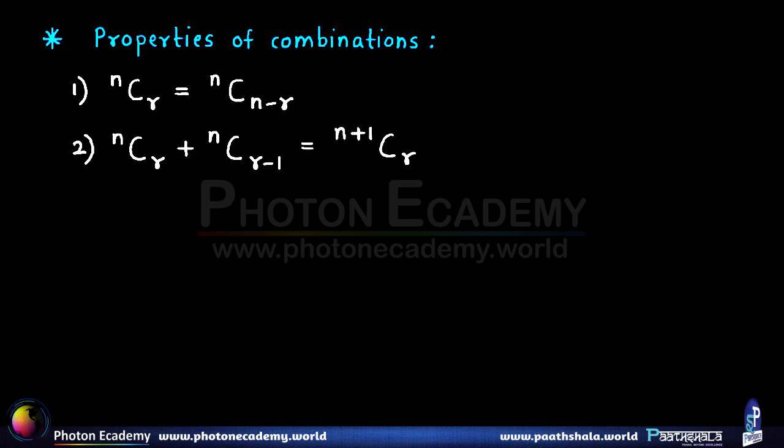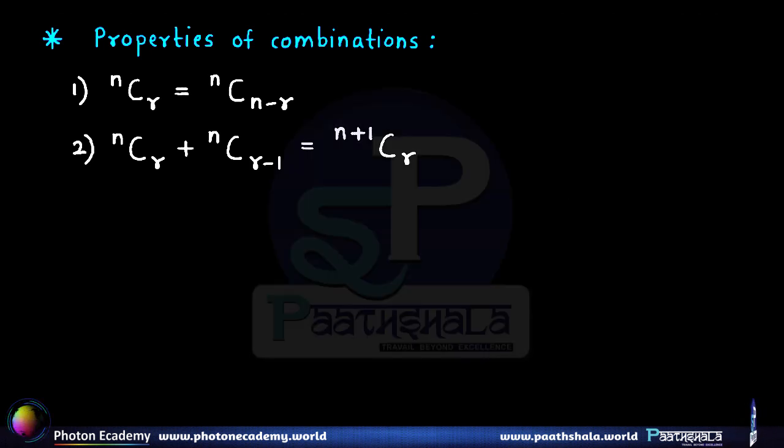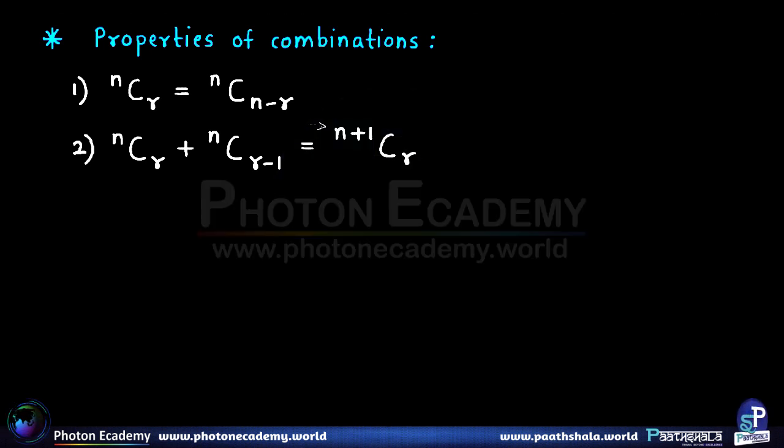To remember, on the left hand side we see that on top we have both places as n, and the bottom positions are just differing by 1, that is r and r minus 1. Whereas on the right hand side the n increases to n plus 1, and the bigger of the two bottom positions on the left hand side, that is r, comes on the right hand side.